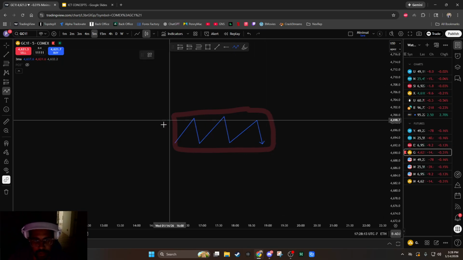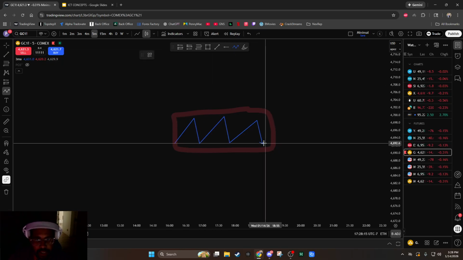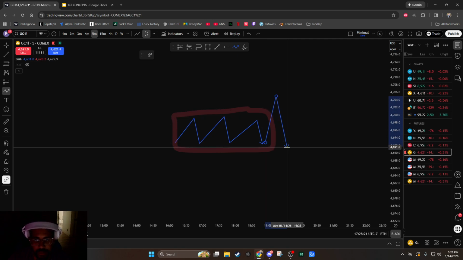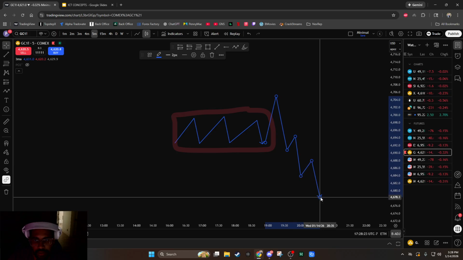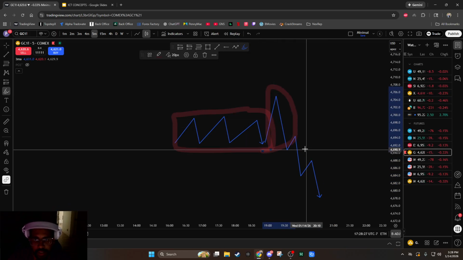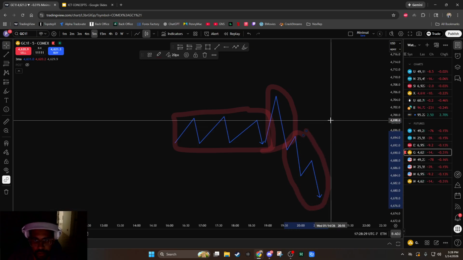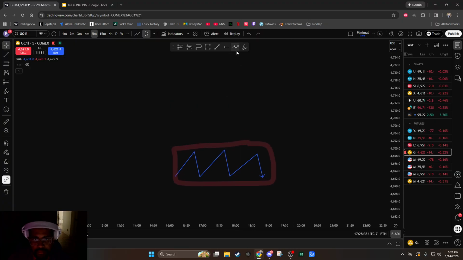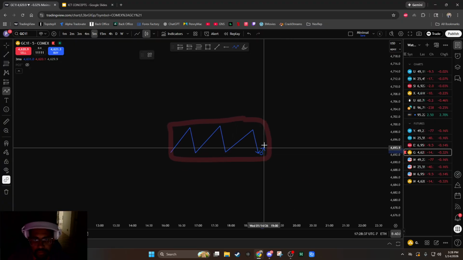So what is this? Accumulation. Okay. Then what's the next part of AMD? Manipulation comes up. Then what's the last part? Distribution. Okay. Accumulation, manipulation, distribution. Happens all of the time. Okay. Now, vice versa. What is this?